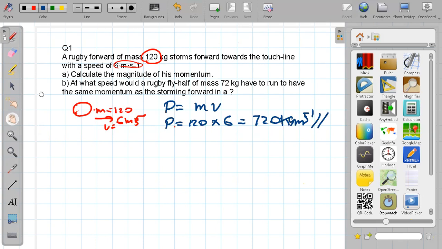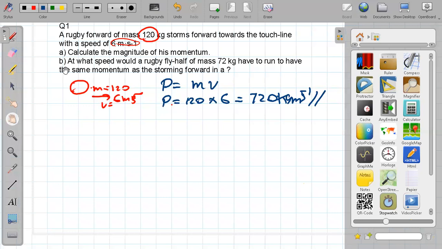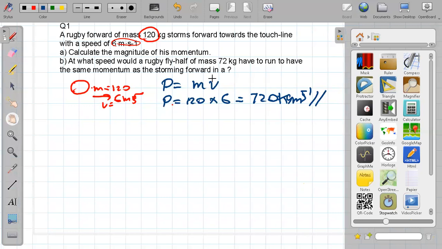Now the second thing is, at what speed would the rugby fly half of mass 72 kilograms have the same momentum as the storming forward in part A? Another player will have to run faster because he's lower weight, like my weight, 8 kilograms lower than me, but still not as heavy as the previous guy.